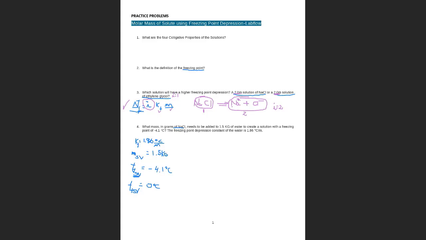So with these two, we know that delta T equals the freezing point of the solvent minus the freezing point of the solution. This is minus 4.1. This is 0. So the delta T is always positive, is 4.1 Celsius. So we have the delta T.